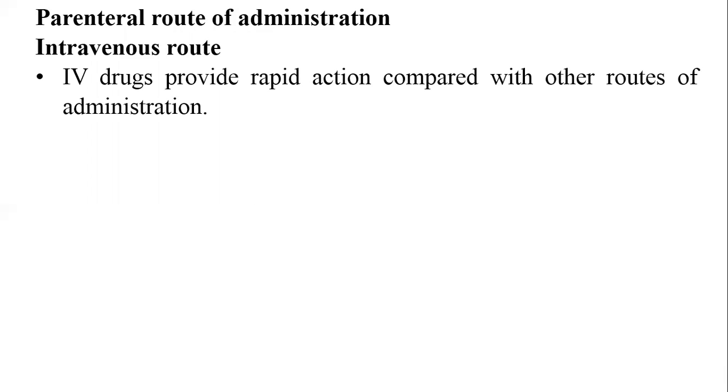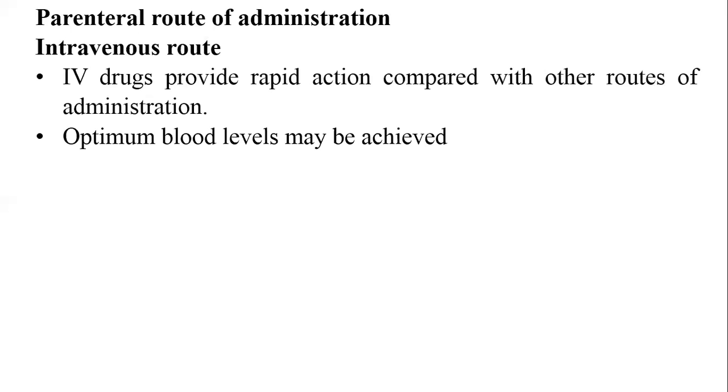It does not need absorption throughout GIT membrane, for example, when it is administered orally. Optimum blood level may be achieved with accuracy and immediacy. It is also regarded as life-saving in emergency condition because the drug is administered directly to the systemic circulation.